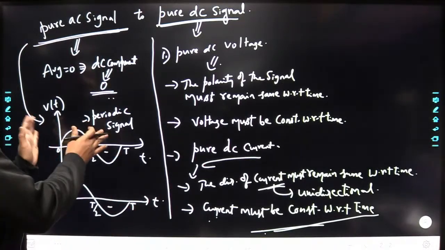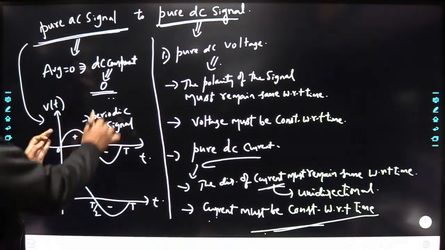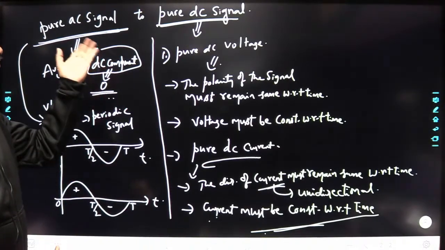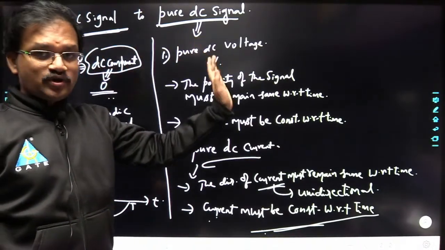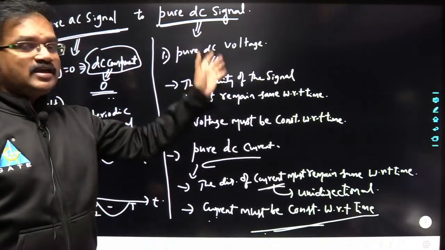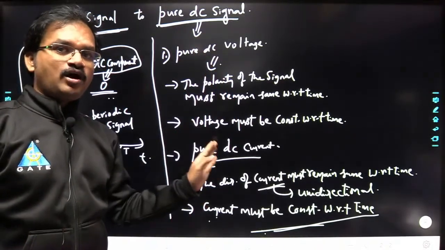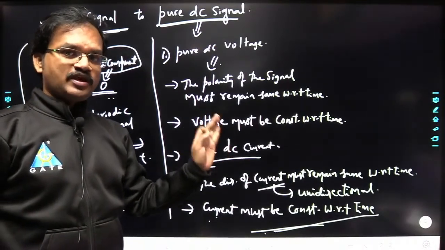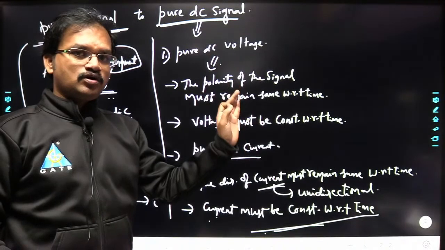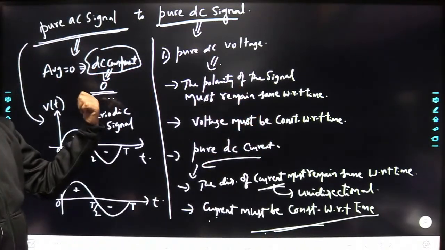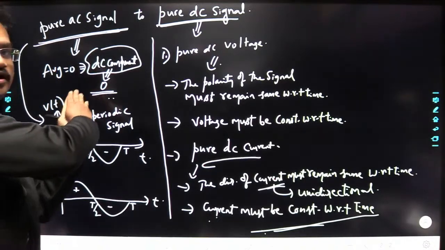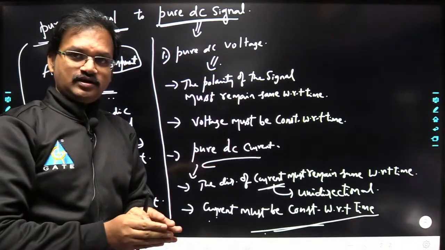So this is the need here. This is the pure AC signal. In it, the DC component is 0. We want to convert this pure AC signal into pure DC signal, in which the AC component must be equal to 0. Pure DC signal means AC component must be equal to 0. Here the DC component is equal to 0. So we want to convert this pure AC signal into pure DC signal. Yes or no?